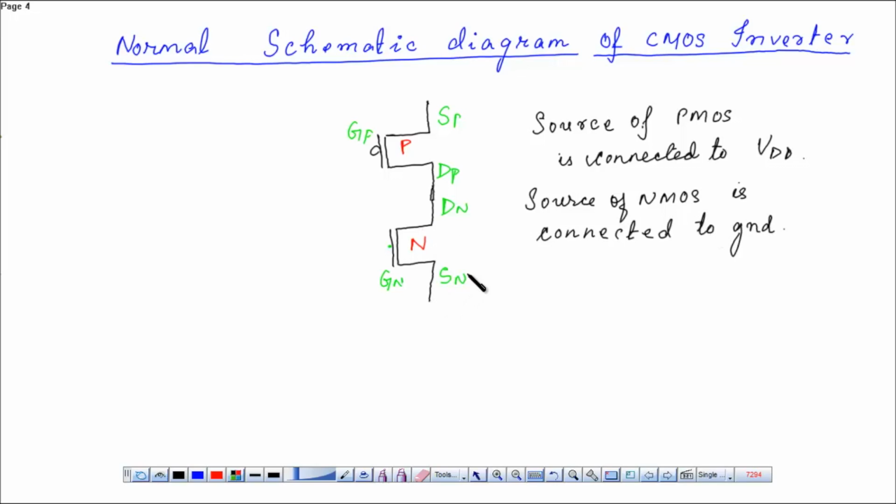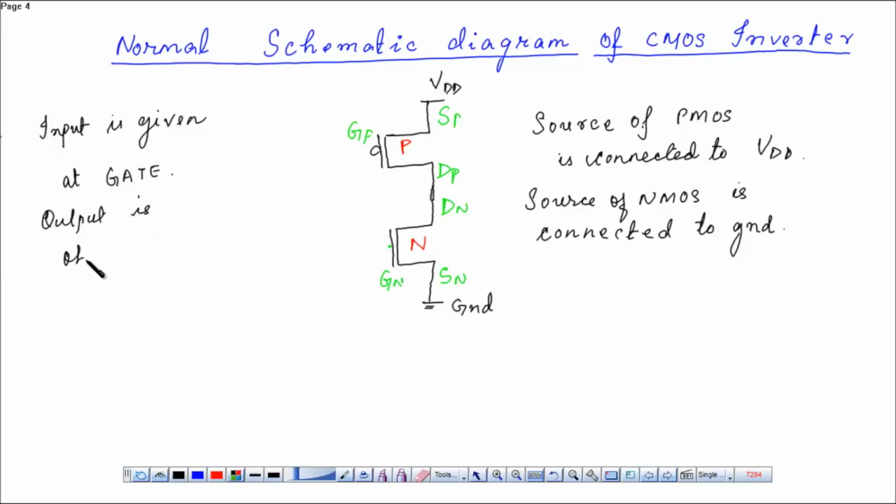So over here this is the source of the PMOS, connected to VDD. This is the source of the NMOS, connected to ground. Next, the input is given at the gate terminal, and the output is obtained at the drain terminal.